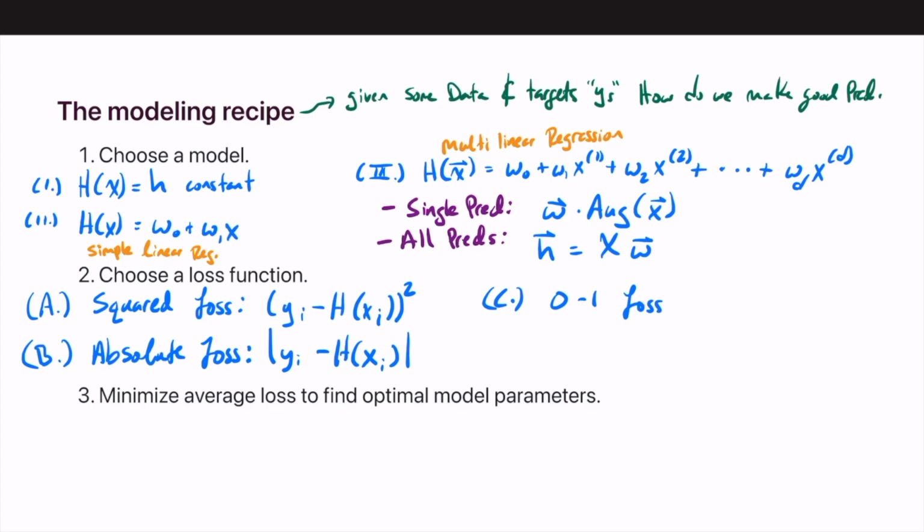But you choose a loss function, and then after that, you try to minimize the loss function, which is the same thing as what we've been calling empirical risk, to find the best model parameters, which would be your w naught star, w1 star, and however many w's you have in your parameter vector, or of course, it could be h star.